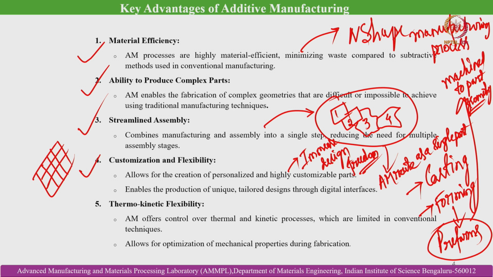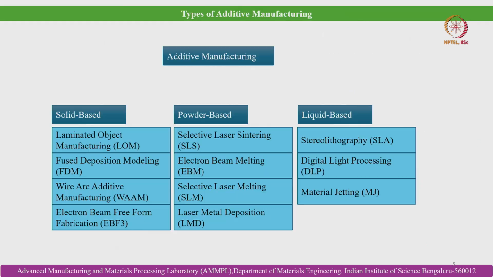And number 5 is thermokinetic flexibility. AM offers control over thermal and kinetic processes, which are limited in conventional techniques, and allows for optimization of mechanical properties during fabrication. So, these are the key advantages associated with additive manufacturing.